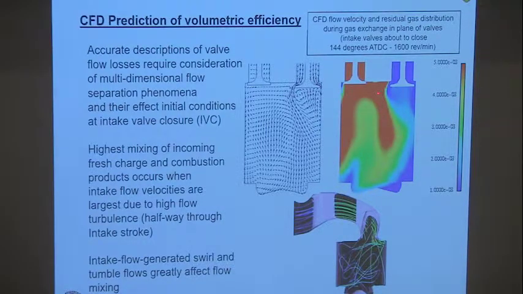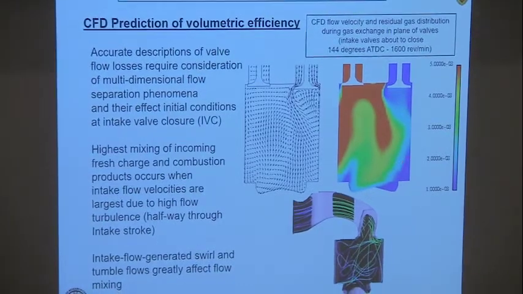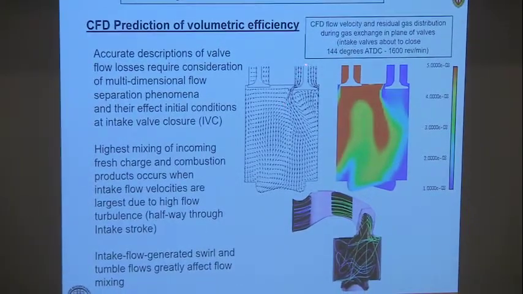So here, for instance, these pictures show residual gas distribution during the gas exchange in the plane of the valves at a certain moment during the intake process. Notice that the velocity vectors here show recirculation patterns associated with the flow separating from the edges of the valves that sets up these complicated flow fields.